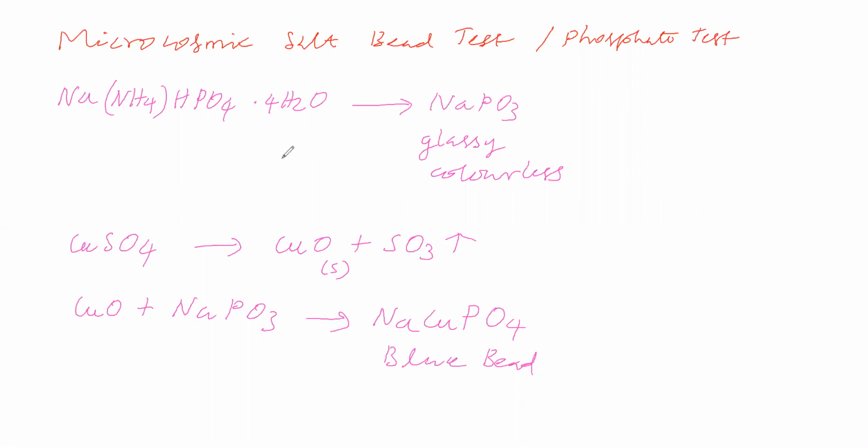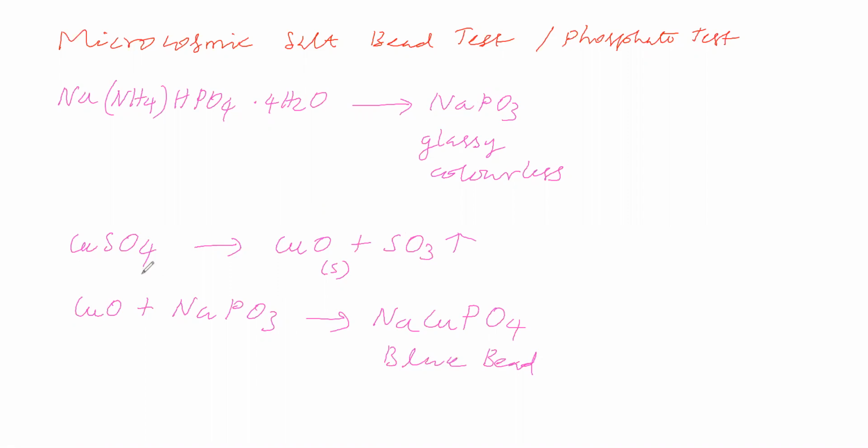The given salt clings to NaPO3 and is introduced into the oxidizing flame. It undergoes decomposition, and the gas escapes away. Now this CuO combines with NaPO3 to give a bead. This bead has a blue color. So copper sulfate salt gives a blue bead in the microcosmic salt bead test.